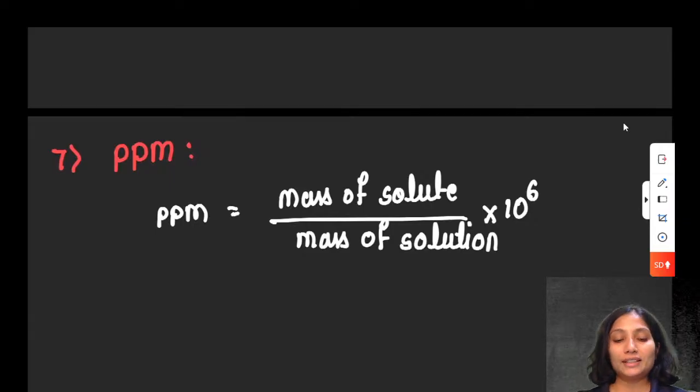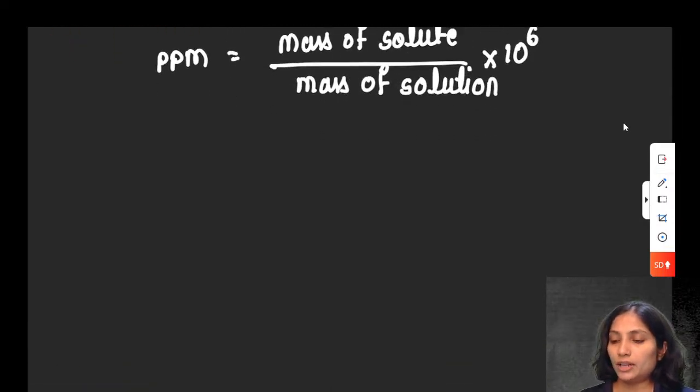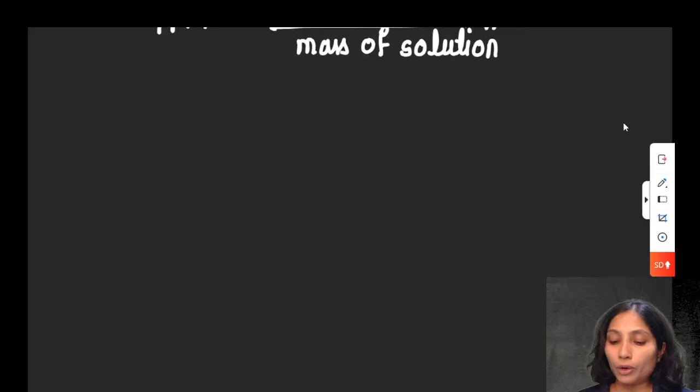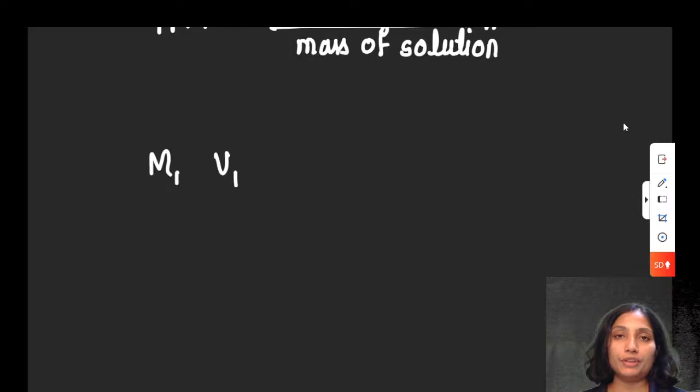Okay, so that's about the different concentration terms which we have. And now see, we are mixing two different solutions. I have a solution with molarity M1 and its volume is V1.